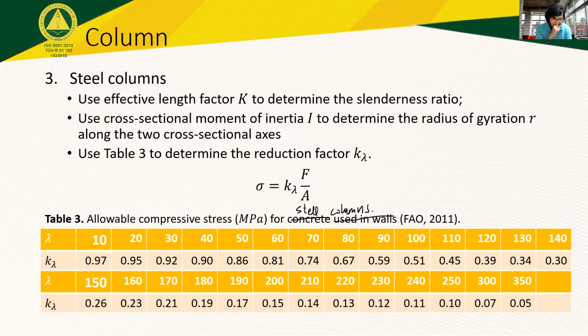So we have here the slenderness ratio along this row, and we can easily determine the K. That is a reduction factor multiplied to the F over A, or force over area. Again, this is determined by interpolation. The values are interpolated here if you have middle values.